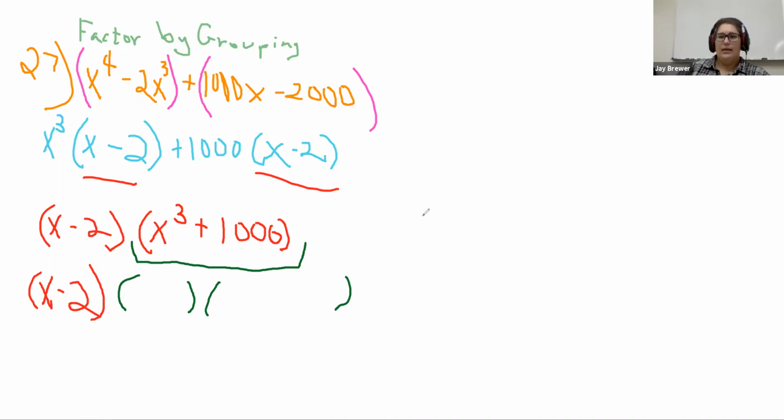Addition tells you it's a sum. So it's a sum of two what?